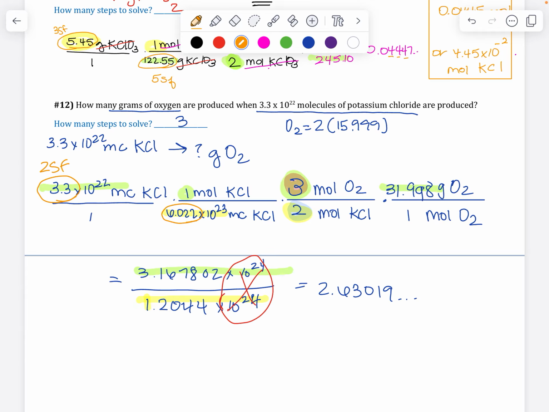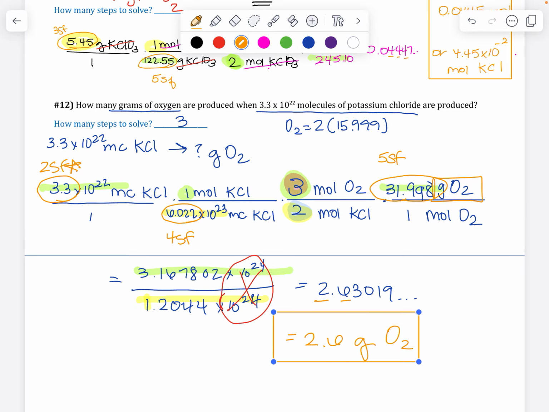Avogadro's number, 6.022, is 4 sig figs. 31.998 is 5 sig figs, so we're going to want 2 sig figs in our answer. So keeping the ones place and the tenths place, so 2.6. And then I need my unit, grams, and then I need to say what chemical, O2. So 2.6 grams of oxygen is going to be our final answer.